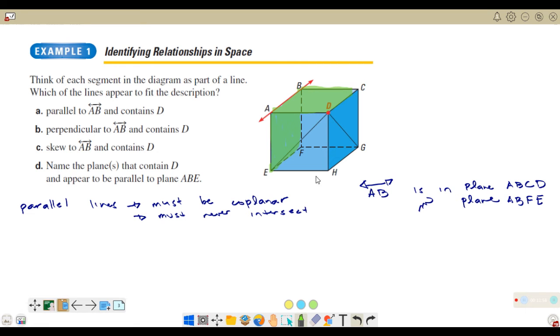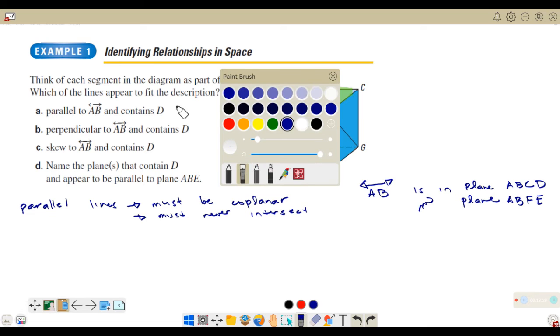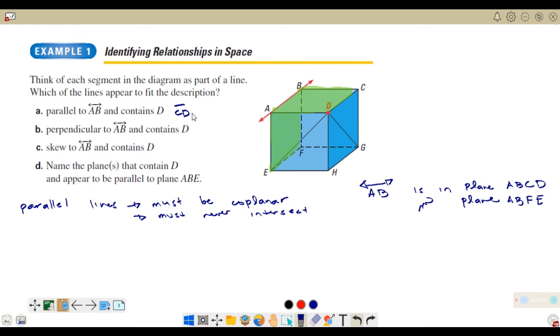Huwag nyo titingnan ito, si BCGF. Huwag nyo ring titingnan si EFGH at saka si CDHG. Yan, di sila kasali. So, dito na tayo sa dalawa. Ano yung parallel kay AB? Hindi niya maiintersect. Maiintersect niya si AD, maiintersect niya si BC. So, ang hindi lang niya maiintersect ay si CD. Okay? So, ang sagot natin dito, segment CD.